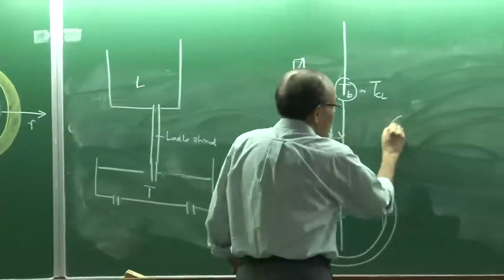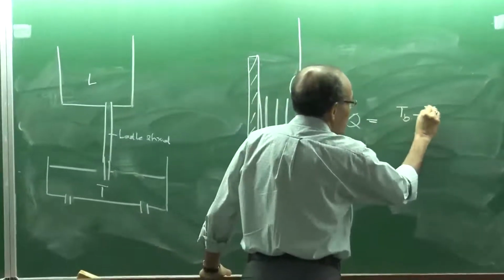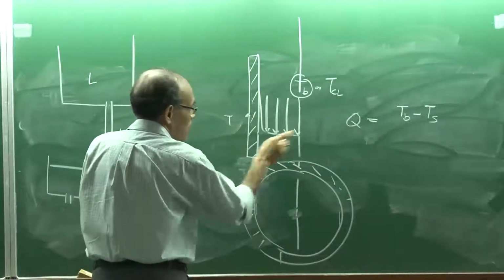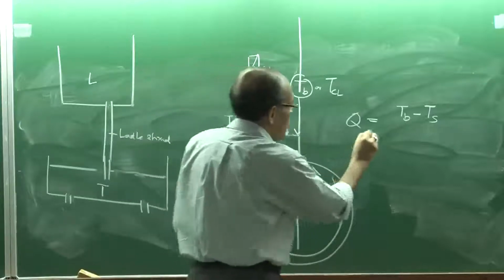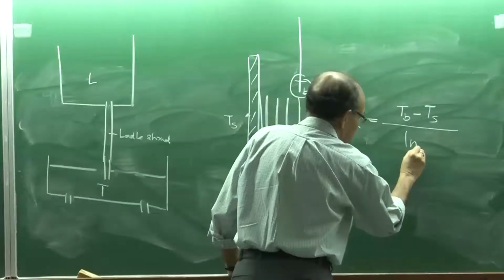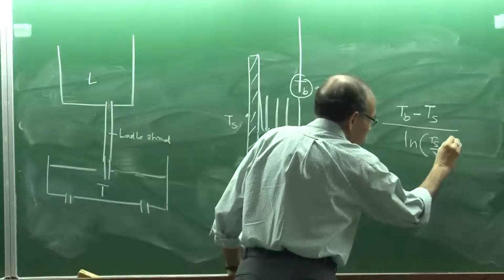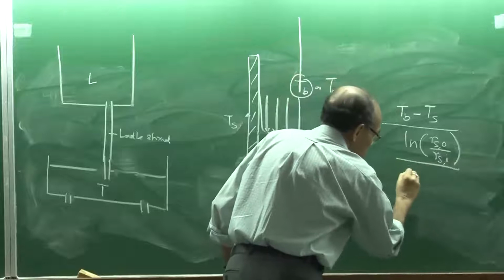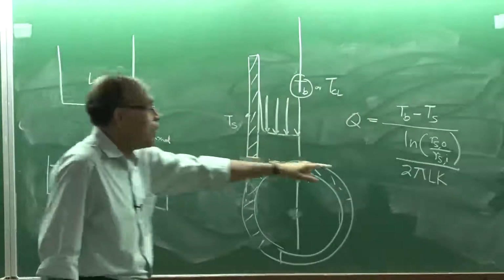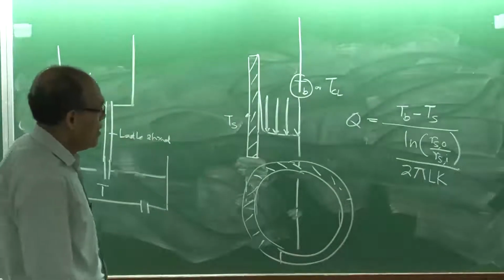So we can now say that Q is equal to the bulk temperature minus the shroud surface temperature, which is this temperature here, T sub S, divided by three different terms. First is ln of R shroud outer by R shroud inner over 2 pi L K, as per our previous discussion, where L represents the length of the shroud and K is the thermal conductivity of the shroud material.